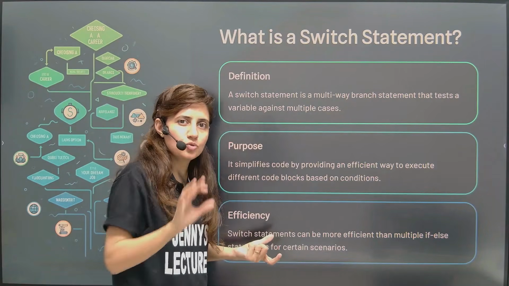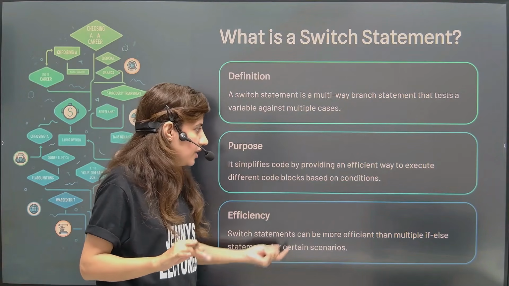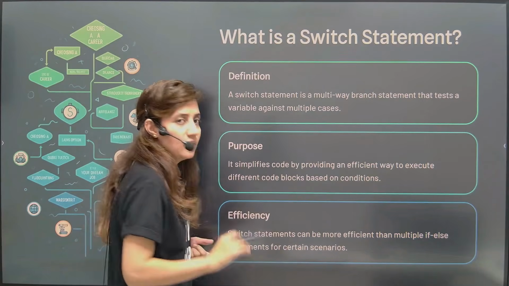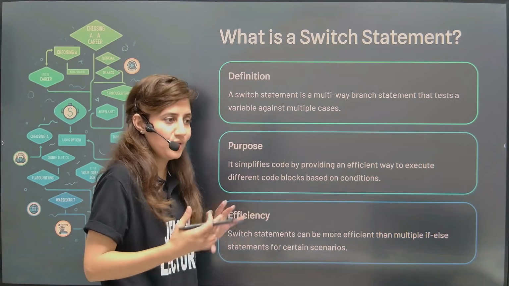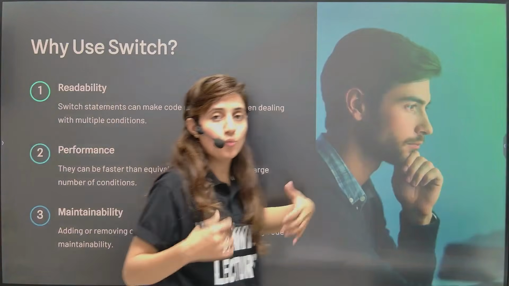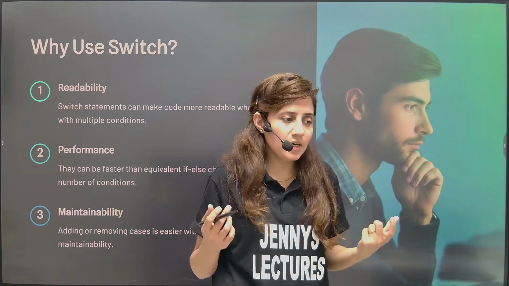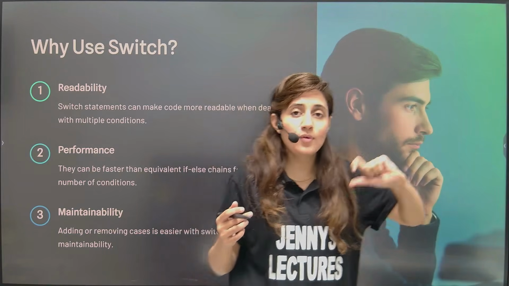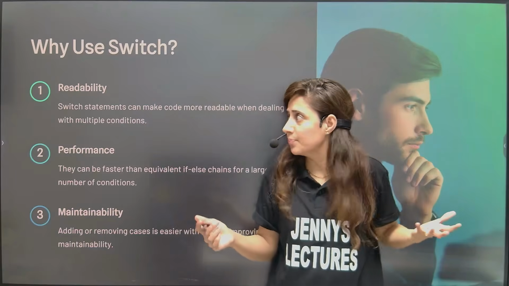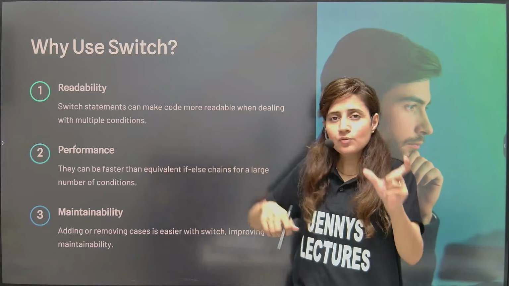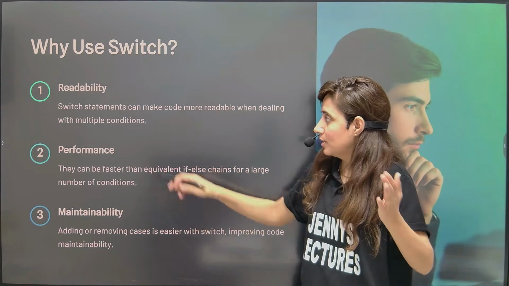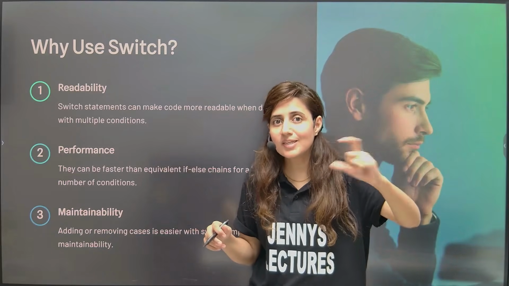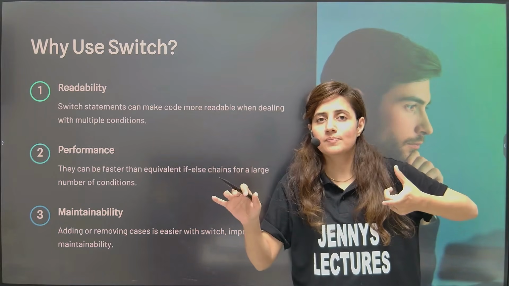In that case, we use switch. In many scenarios it's more efficient than if else, and I have shown you why. If anybody asks why we use switch or what the advantages are, you can say this: it increases the readability of the code, as we have seen. Performance will also be increased. The time would be constant time, order of n.